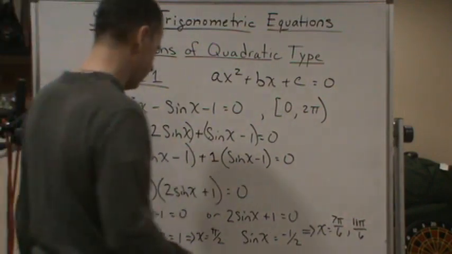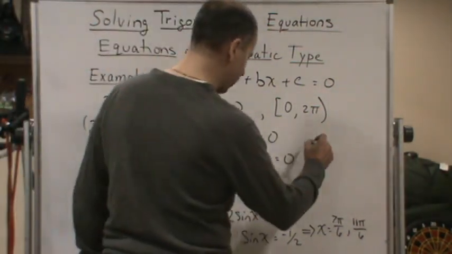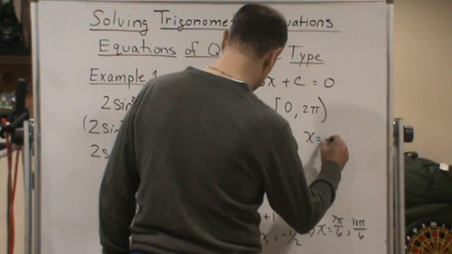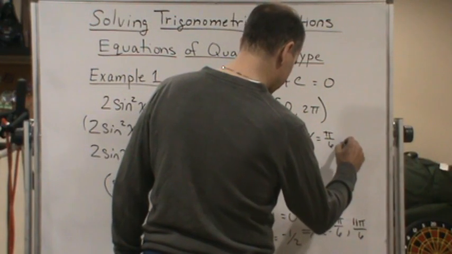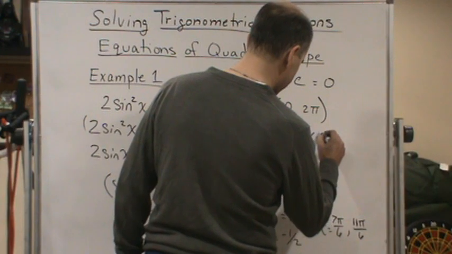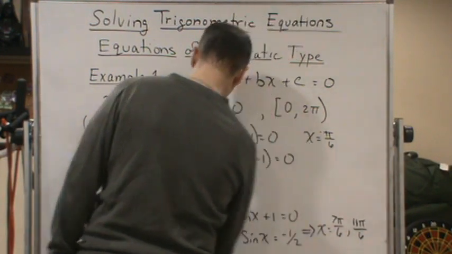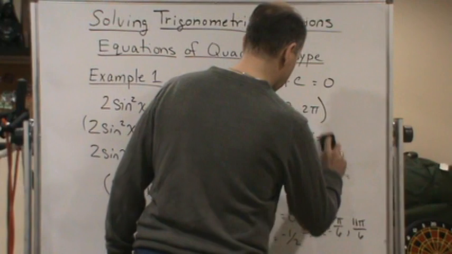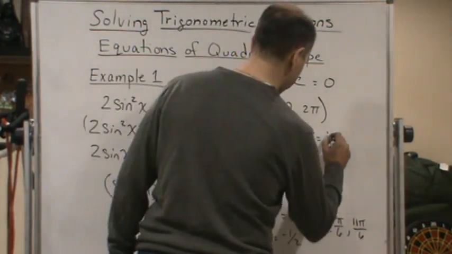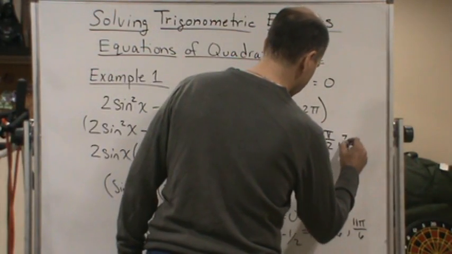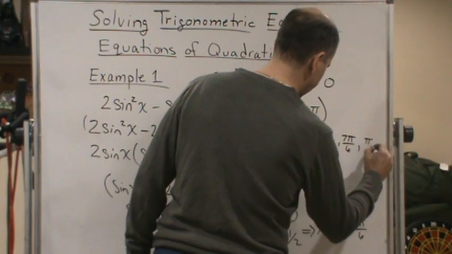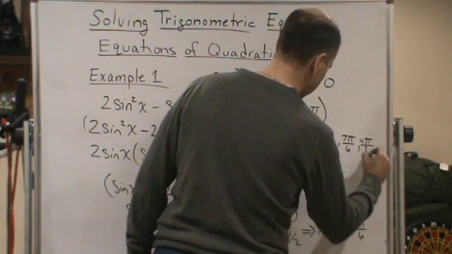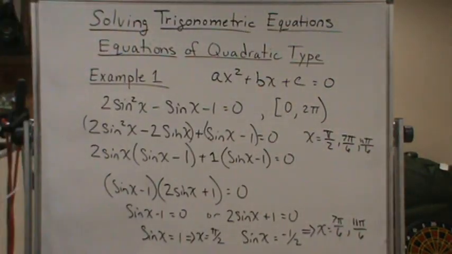So x is either equal to pi over 2, 7 pi over 6, or 11 pi over 6. And those are our answers.